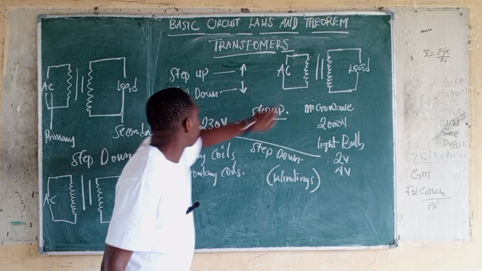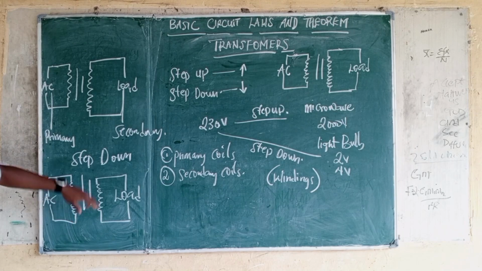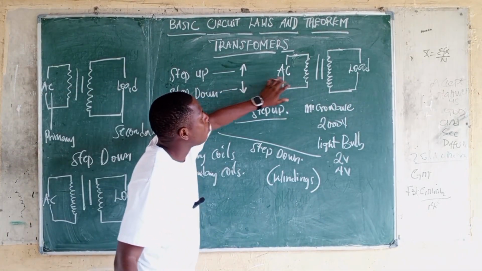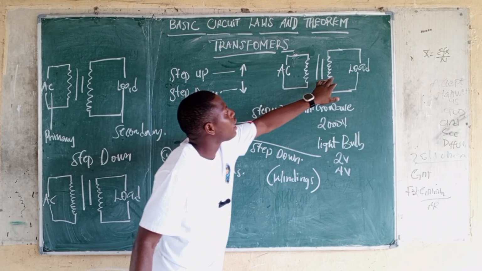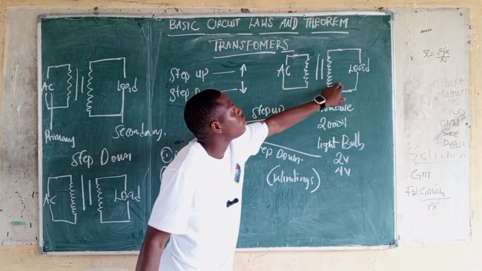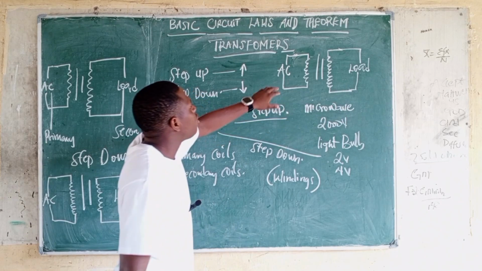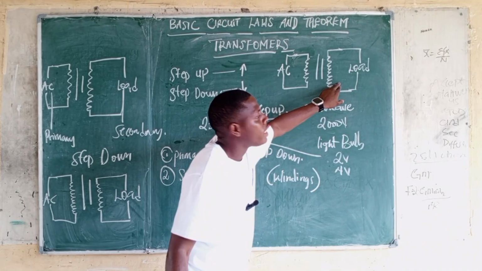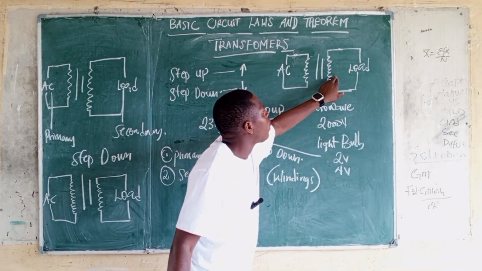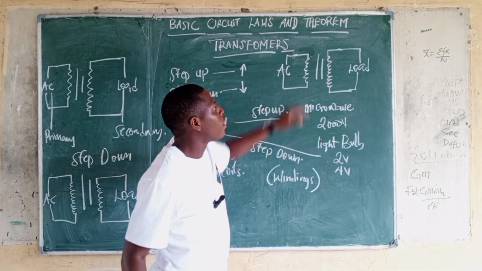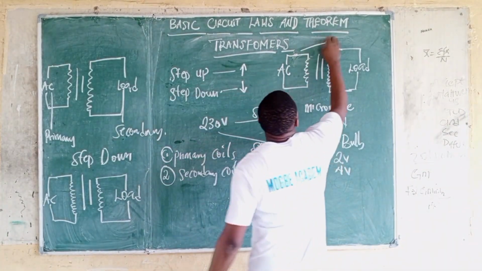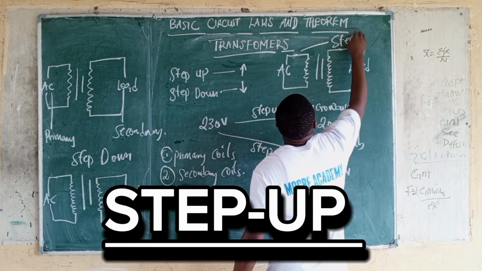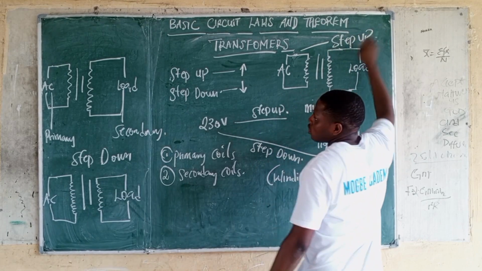Look at this and look at this. You can see that there is a difference. In this one, you have your windings here greater. You have your windings here less than the secondary. So in a case where you have your primary windings smaller than your secondary windings, or your secondary windings greater than your primary windings, then this is a step-up transformer.